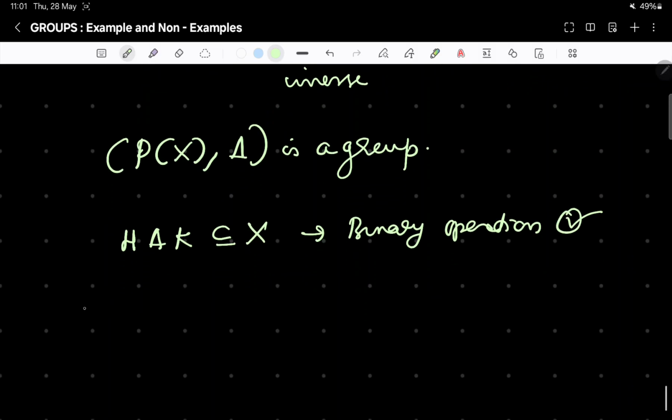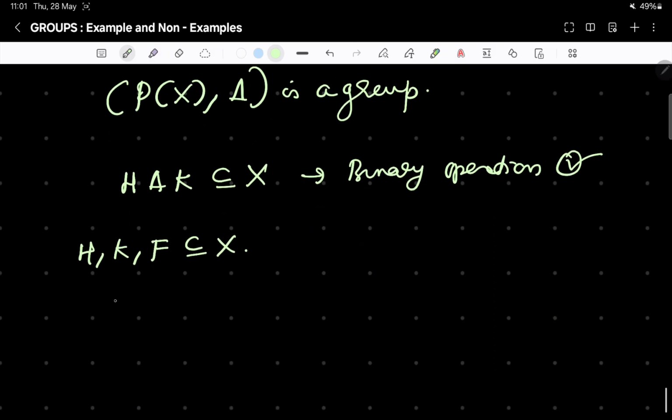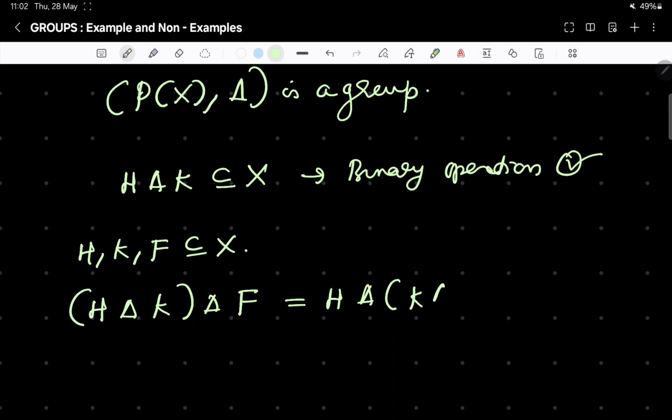You should take 3 subsets of X, and you should prove that (H symmetric difference K) symmetric difference F is equal to H symmetric difference (K symmetric difference F).